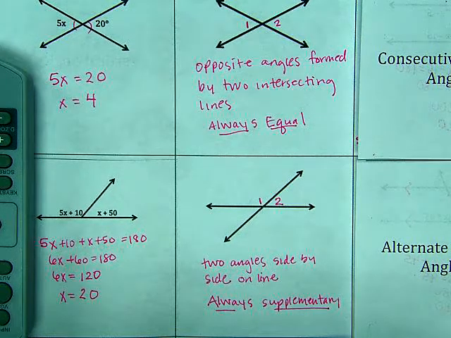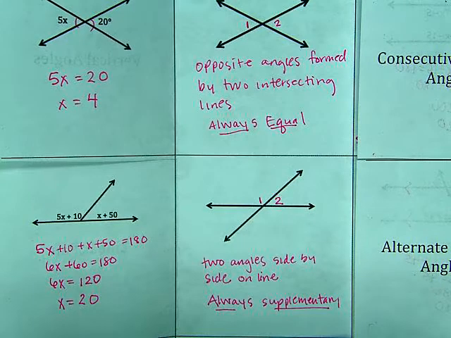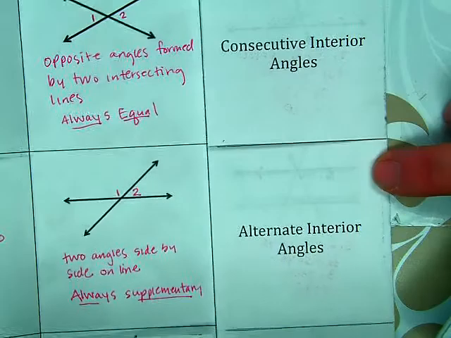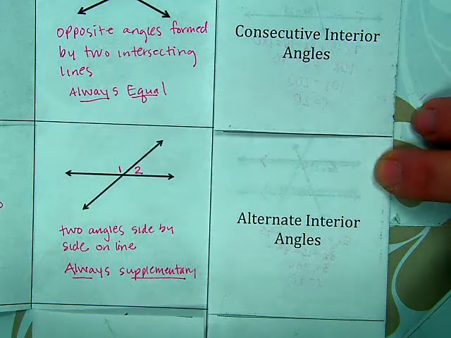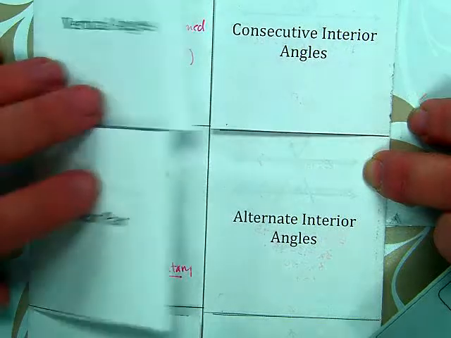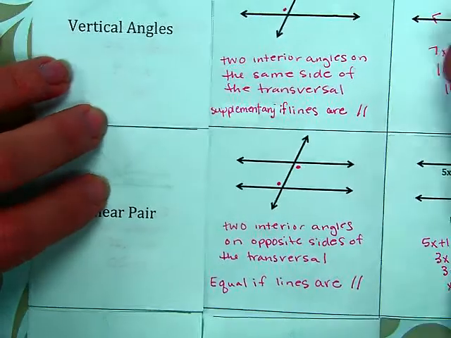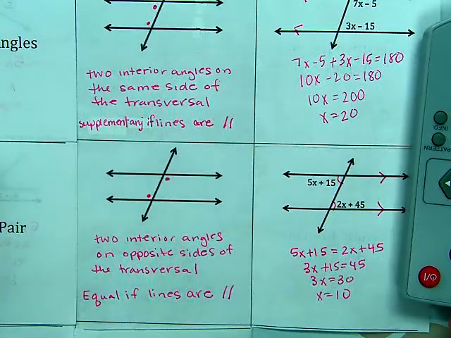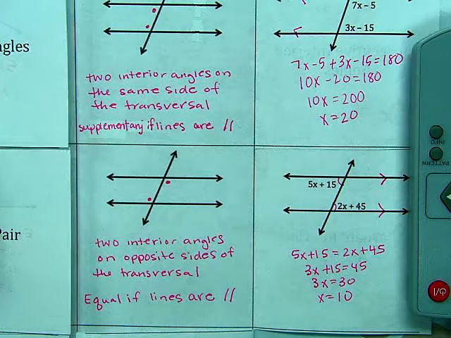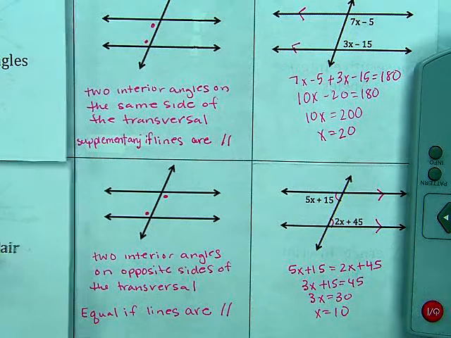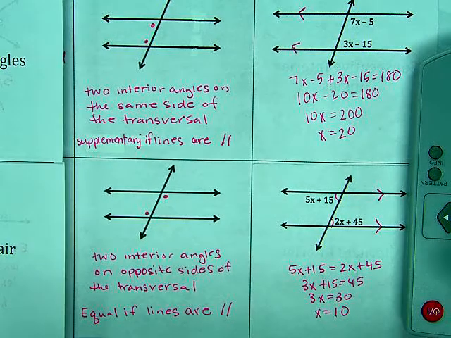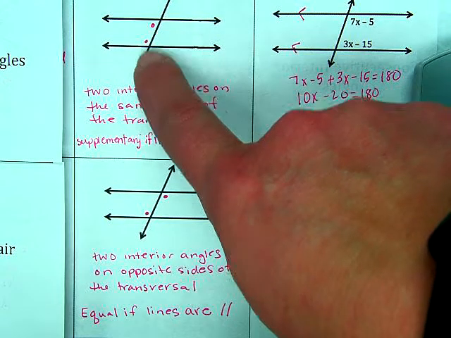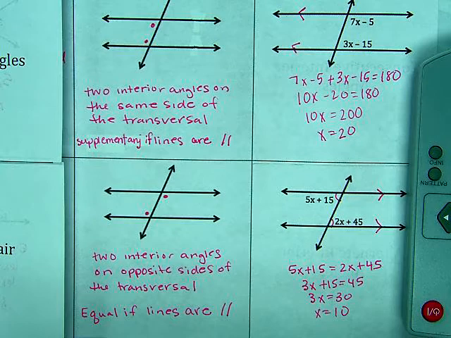We're going to move straight across to the consecutive interior and alternate interior angles. All right, so in this top box, please notate here that I put 2 dots where those consecutive interiors are.